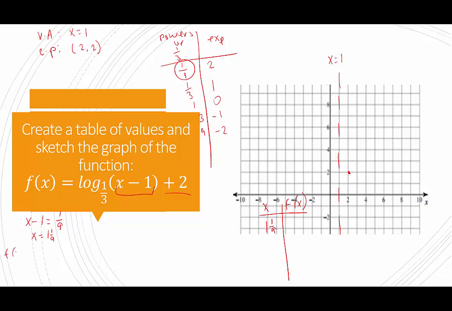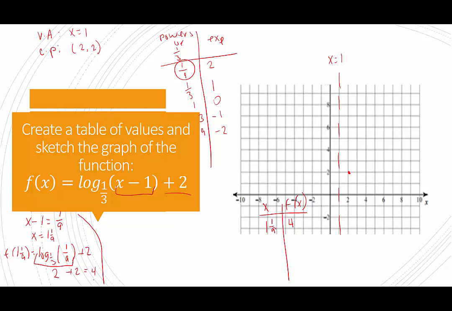When I plug in 1 and 1/9, this would give me log base 1/3 of 1 and 1/9 minus 1, which is 1/9, plus 2. And we just did this, and this is up in that table up there. That's why I did it. 1/3 to what power is 1/9? That's 2. And then 2 plus 2 is 4. So when we plug in 1 and 1/9, we get an output of 4.